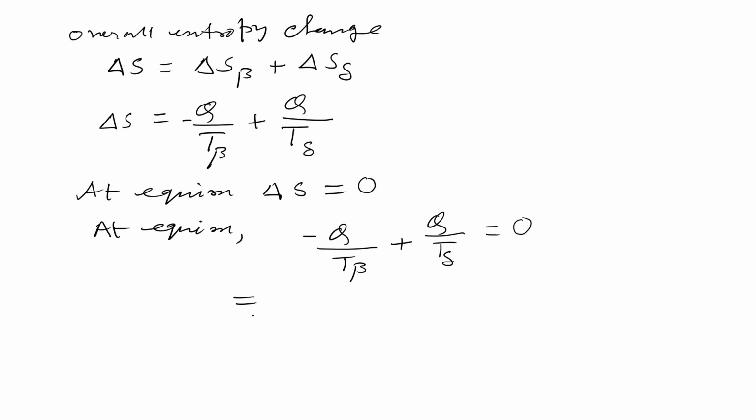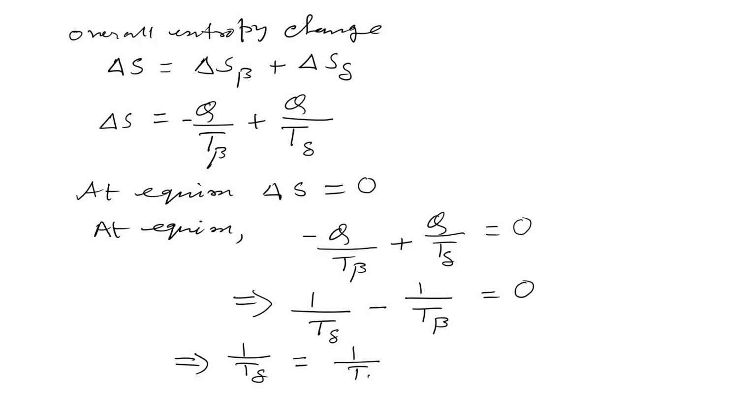So from here I can write 1 by T delta minus 1 by T beta is equal to 0, so 1 by T delta is equal to 1 by T beta. Therefore, T beta is equal to T delta. This is the condition that both the phases' temperature should be the same. That we have proved.